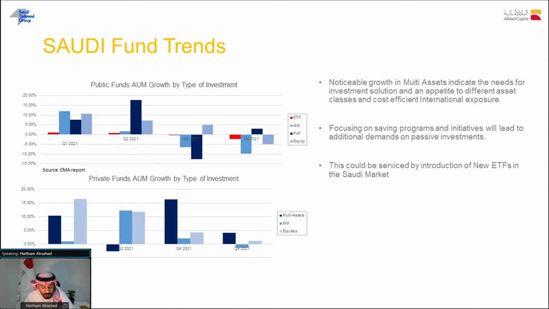We can anticipate that there is growth in saving programs.